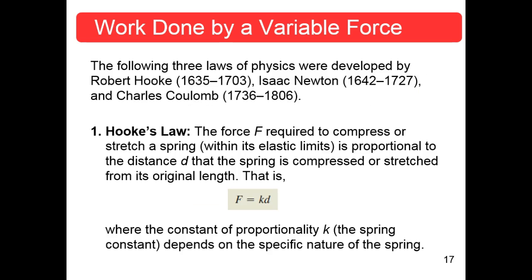Okay, more verbiage here. The following are 3 laws in physics which were developed first by Robert Hooke, the first one, and Isaac Newton, the second one. And you'll notice these guys were close to being contemporaries. Hooke was only 7 years older than Newton.